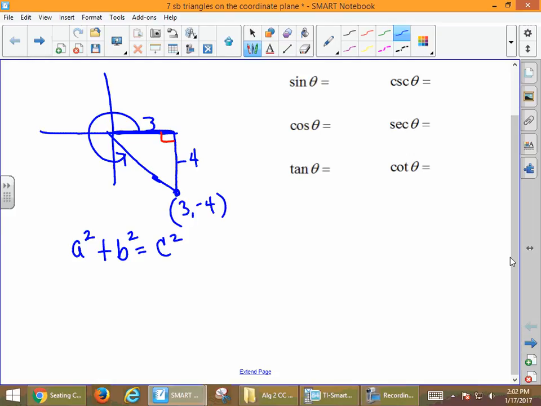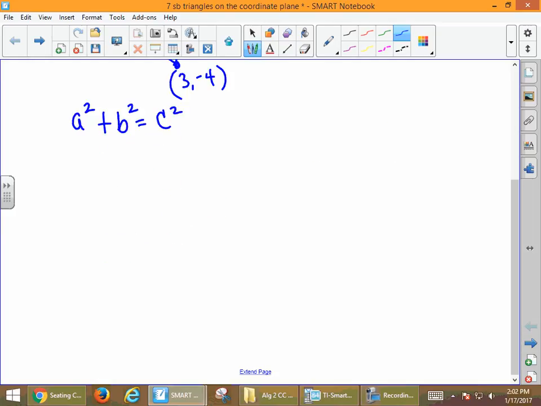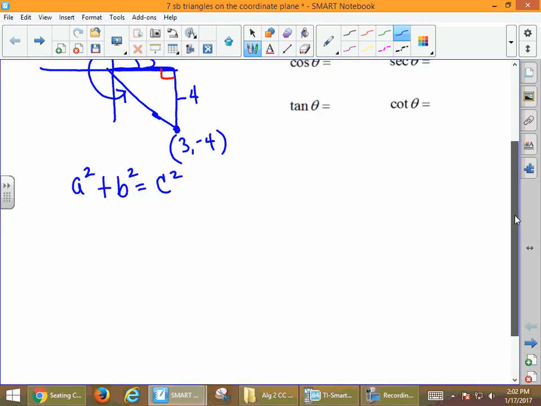The Pythagorean theorem says side squared plus side squared equals hypotenuse squared. So we're going to fill in 3 squared plus -4 squared equals c squared. It does not matter if you put the 3 in for A and the -4 in for B, or vice versa. Side squared plus side squared equals hypotenuse squared.